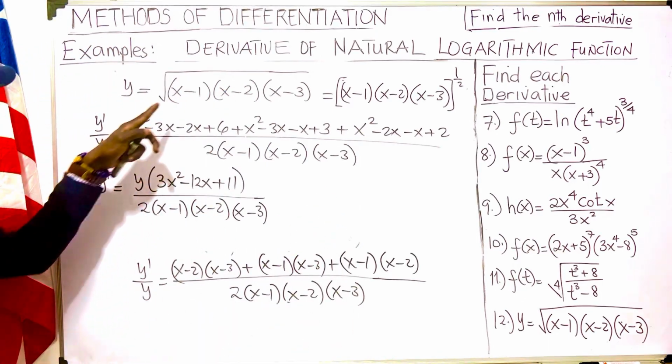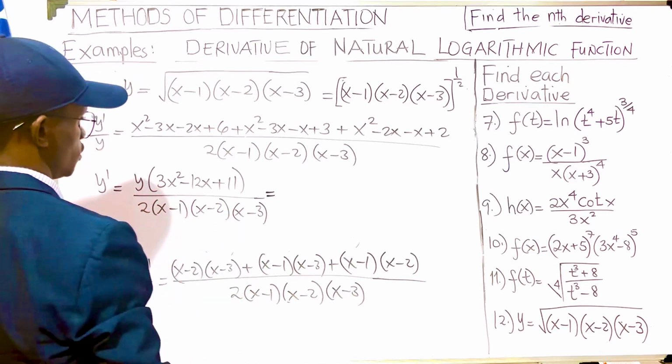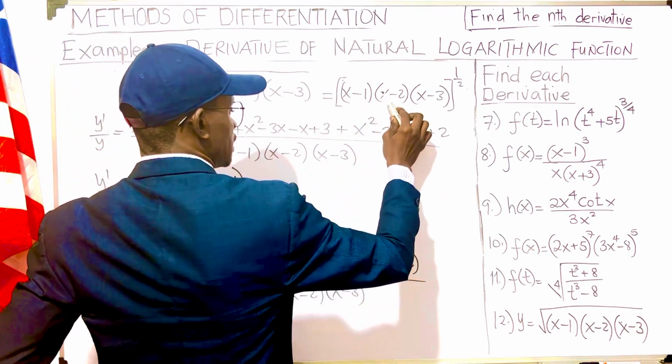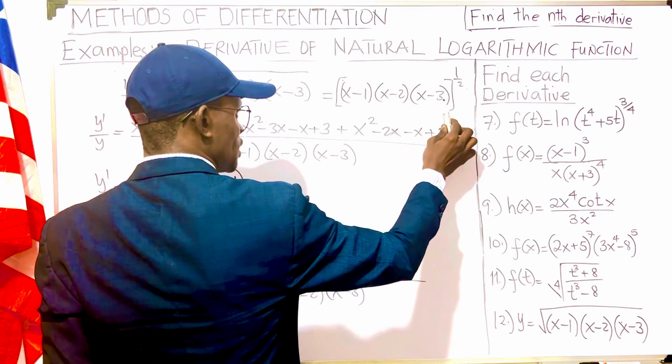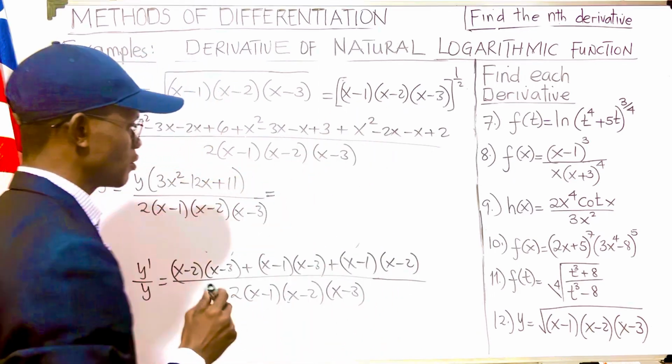But what is y? Y was this expression. Wow, it's long. So remember, x minus 1, x minus 2, x minus 3, each of these factors can take their own power.